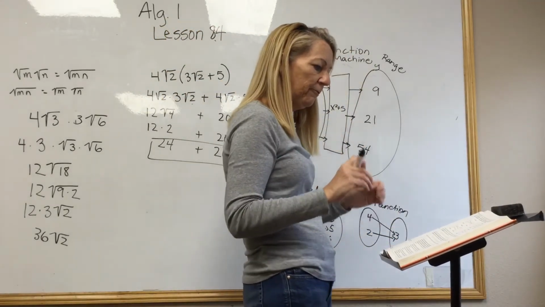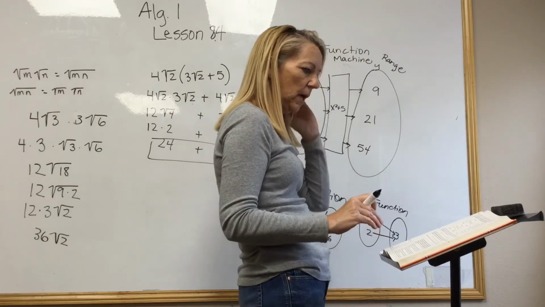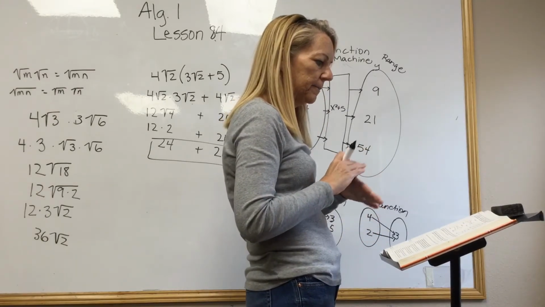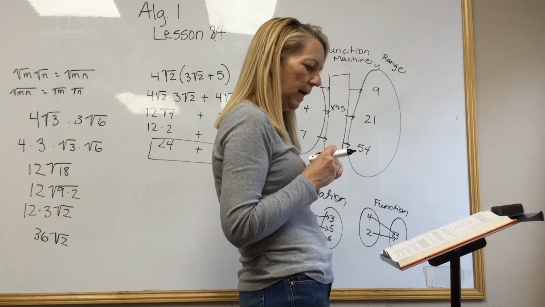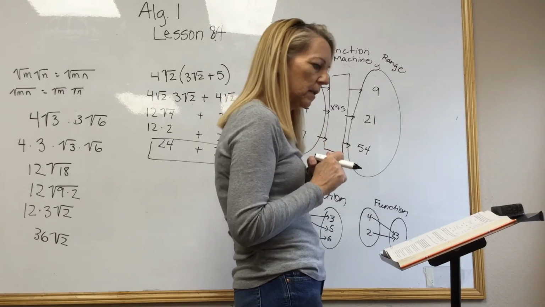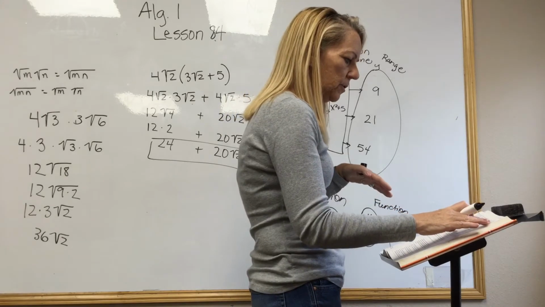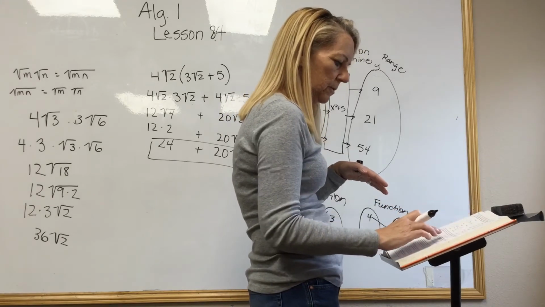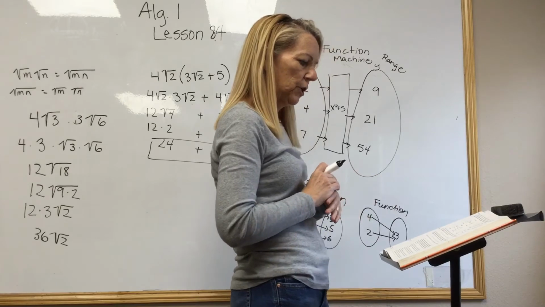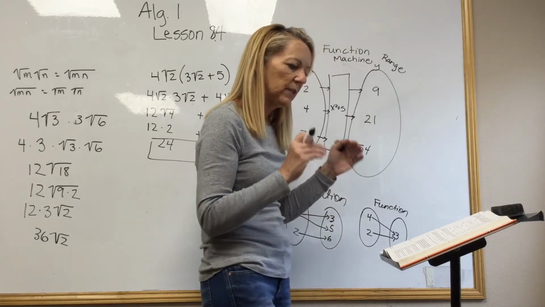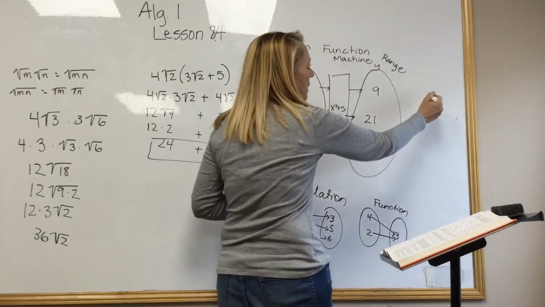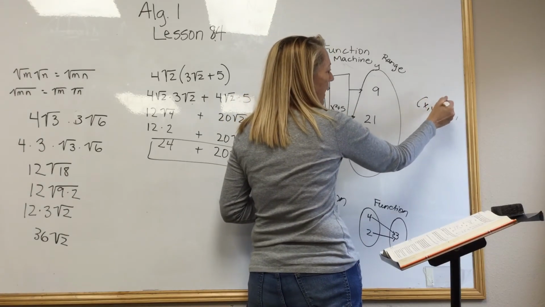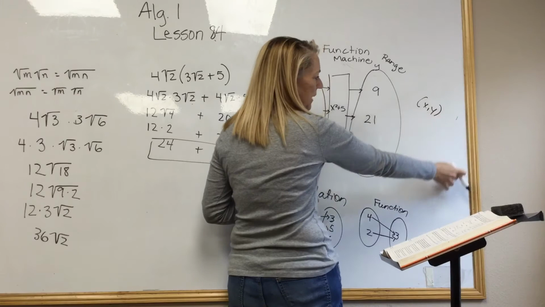So a function can be described as, well, let me read it this way. So the rule for a function may be stated if you have a list of ordered pairs. So ordered pairs, you know, like x, y, x, y, x, y, x, y with numbers in them.